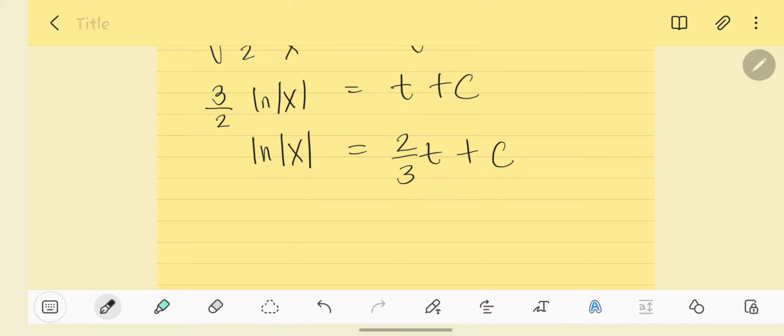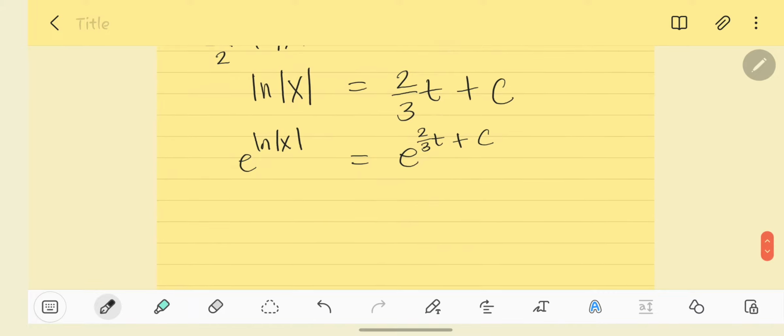So the next step is we try to solve x in terms of t. So how do we solve that? We multiply it by e. So e to the ln x is equals to e to the 2/3 t plus c.